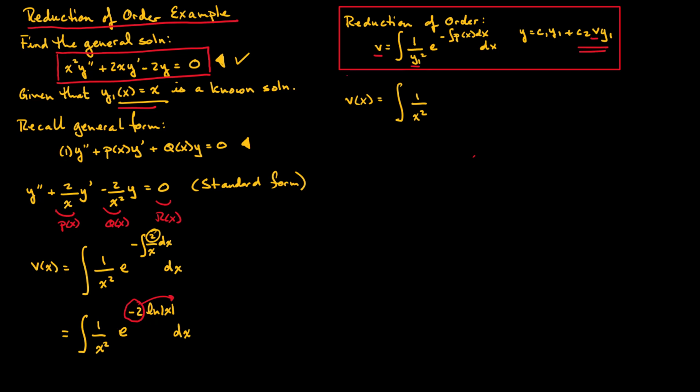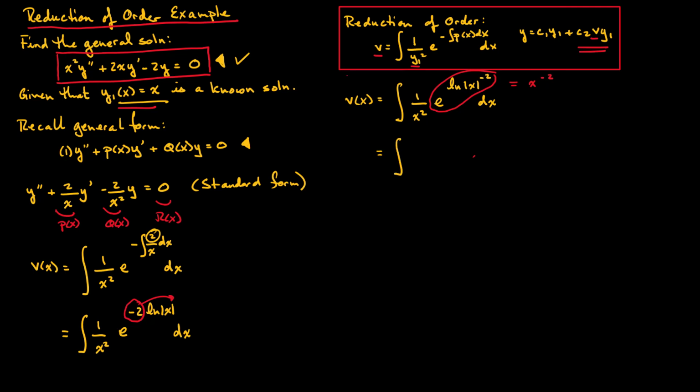So this allows us to write e to the power of ln of x to the negative 2. And again, from your rules for exponents and logarithms, all of this will just be equal to x to the negative 2.